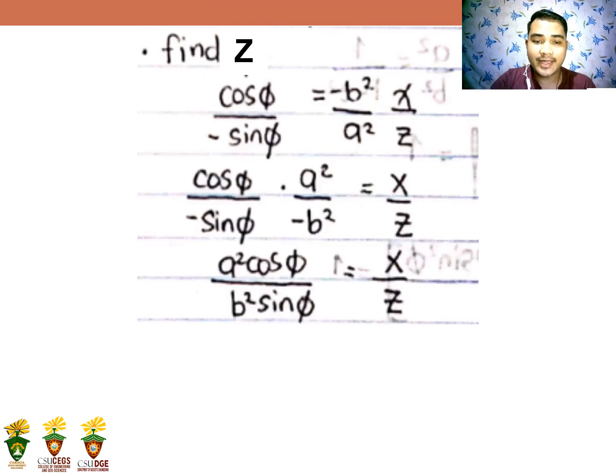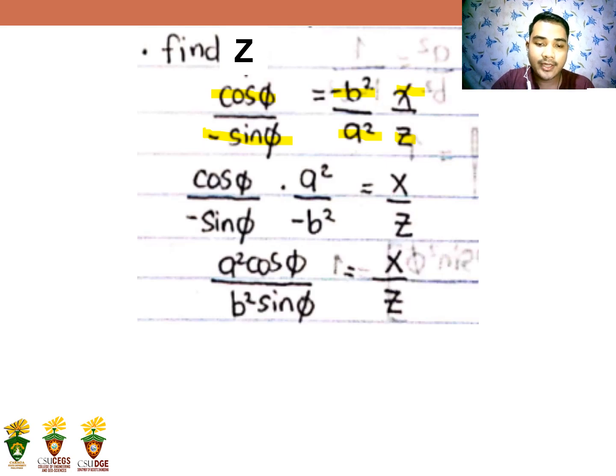So we need also to find the equation of z. Balik tani sa equation ganina, which is ang combined equation 1 and equation 2: cosine geodetic latitude over negative sine geodetic latitude is equal to negative b squared over a squared x over z. We manipulate the equation, ang mabili na lang diri is ang variables, x and z.